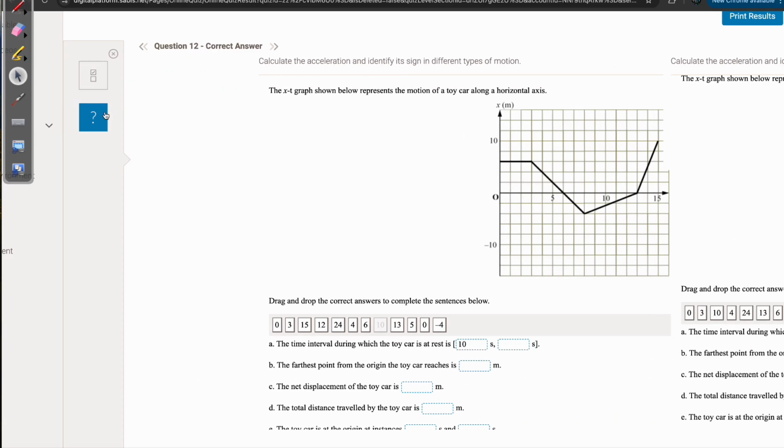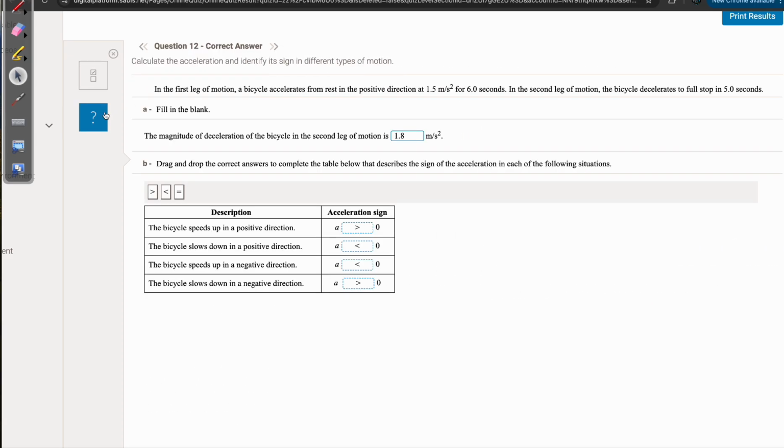Number 12. In the first leg of motion, a bicycle accelerates from rest in the positive direction at 1.5 meters per second squared for 6 seconds. In the second leg of motion, the bicycle decelerates to a full stop in 5 seconds.